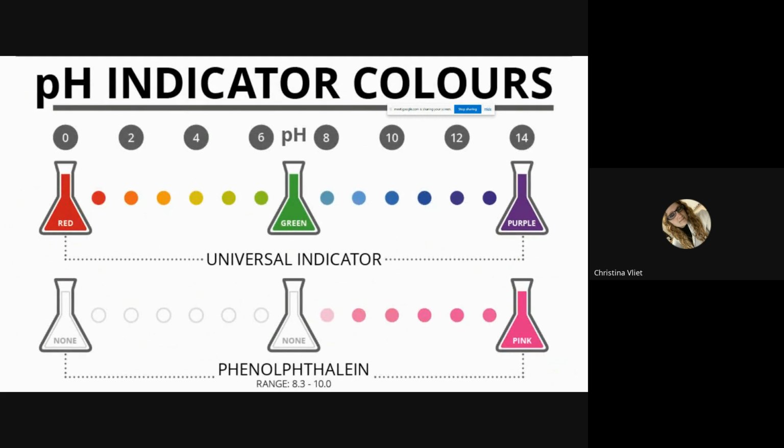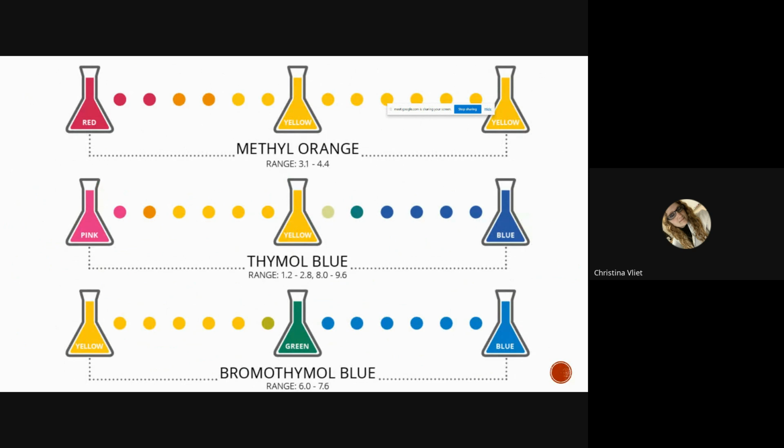All right, this right here is just me telling you today we're going to be working with methyl orange. The middle color for methyl orange is actually orange. If your solution is basic, it'll be yellow.